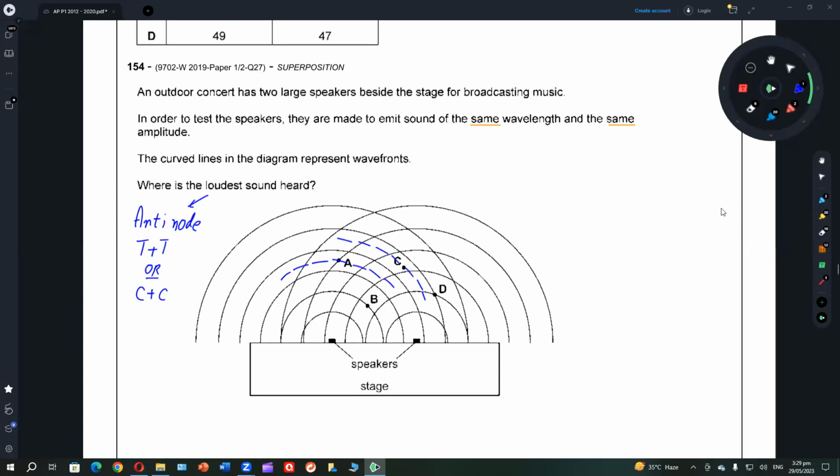So is it D? Because there are two troughs meeting, and two crests are meeting, right? Perfect.